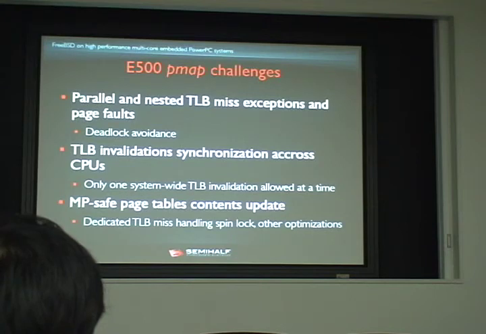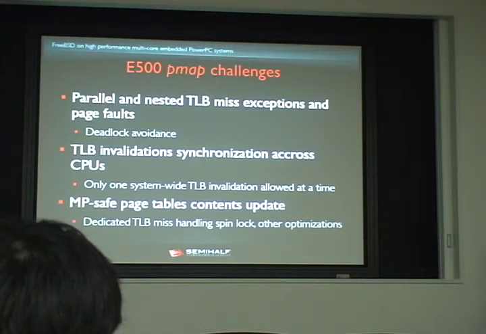So we had to rework Pmap and rearrange certain areas of the code in order to be fully atomic and consistent. As mentioned, certain machine instructions are broadcast across CPUs, although there is also a hardware requirement that we can issue only one such system-wide invalidation at a time.